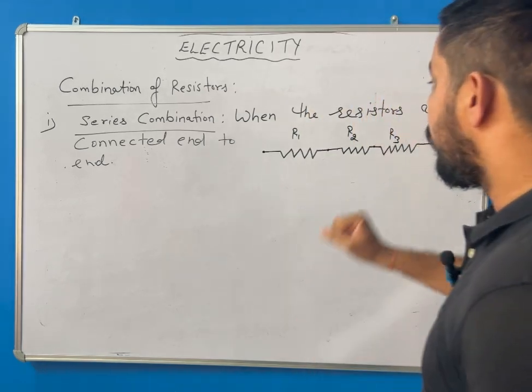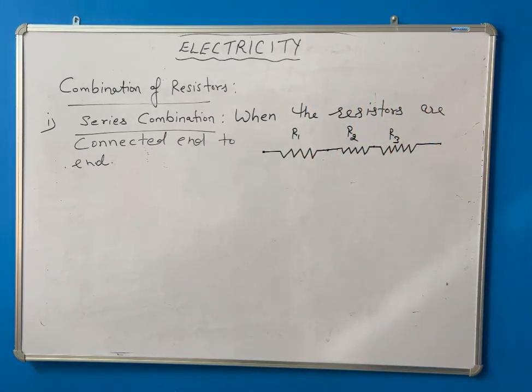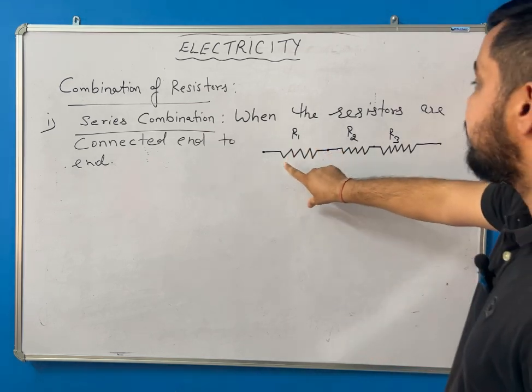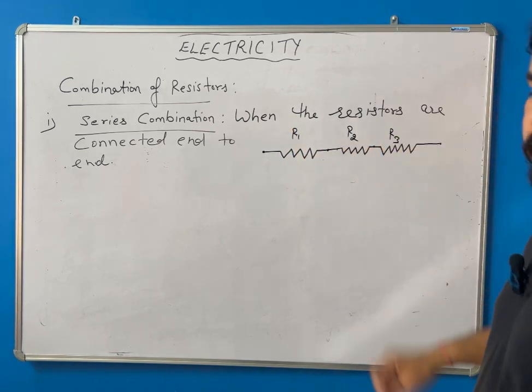Okay, now draw a circuit diagram of this series combination. Already we took three resistors whose resistances are R1, R2 and R3.